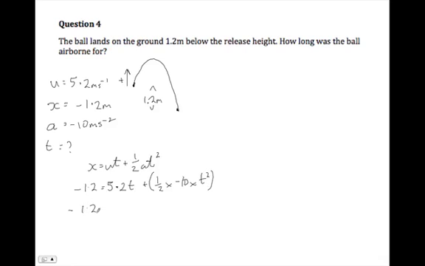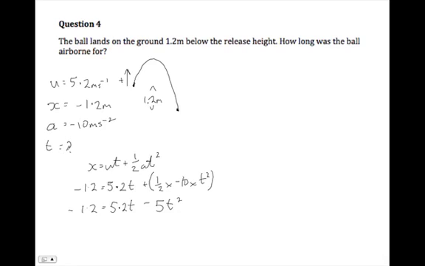Minus 1.2 equals 5.2t minus 5t squared. Okay, now we can see we're at this situation where we've got a quadratic, and if you're like me and you can't do that, then you need to find an alternative way to solve this problem. And the alternative way is finding another one of our variables and then working backwards to find t.